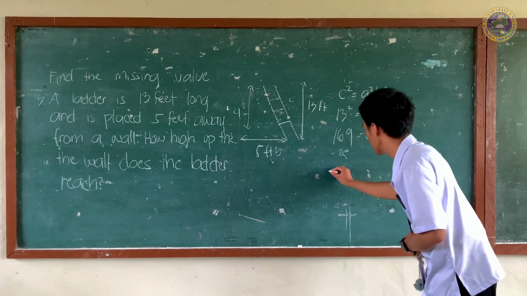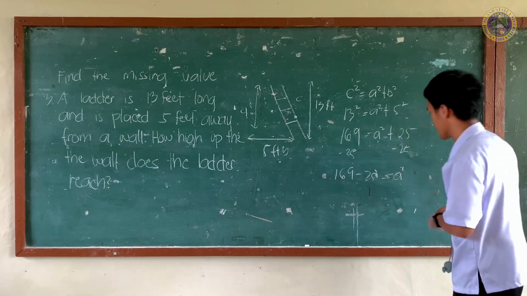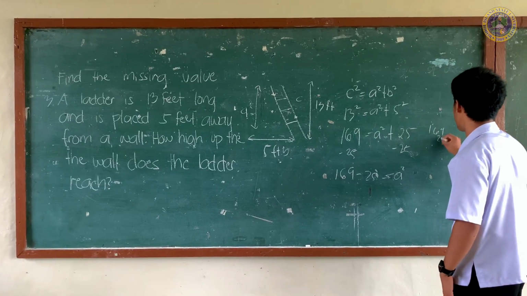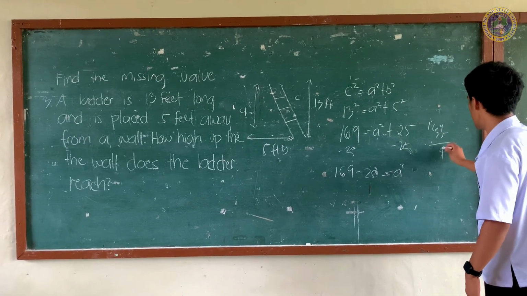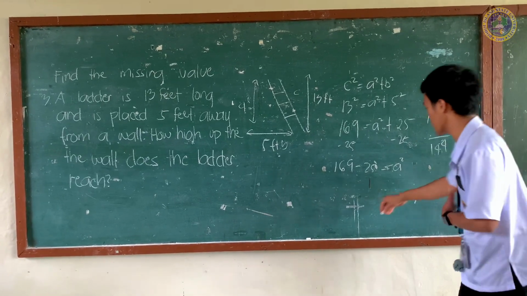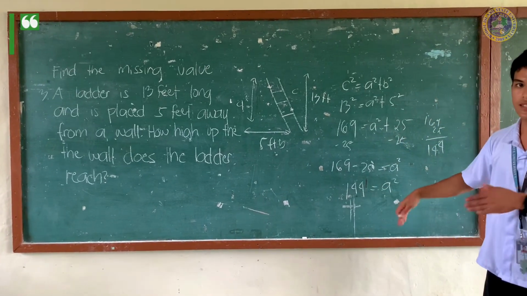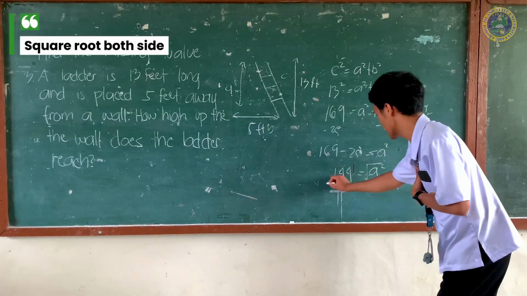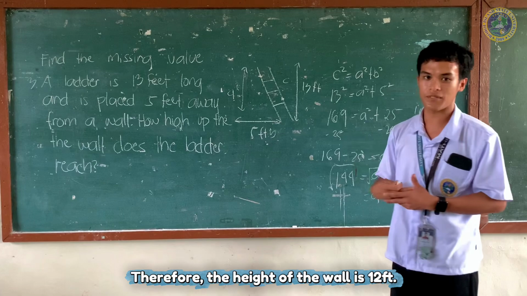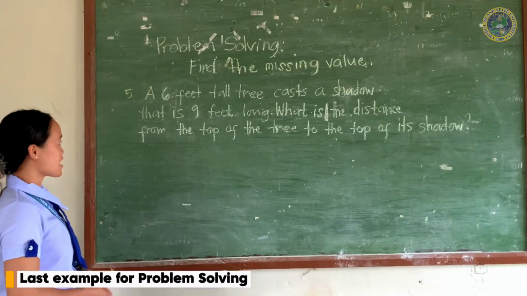So it will become 900 minus 25 equals our a squared. So 900 minus 25 is 875. And next, we square root both sides. So we get the height of the wall.